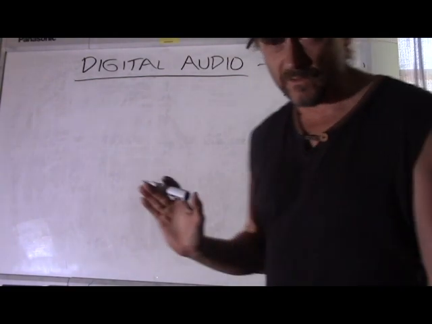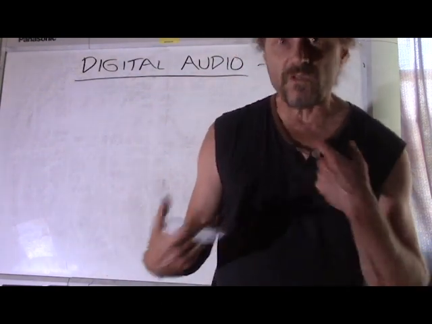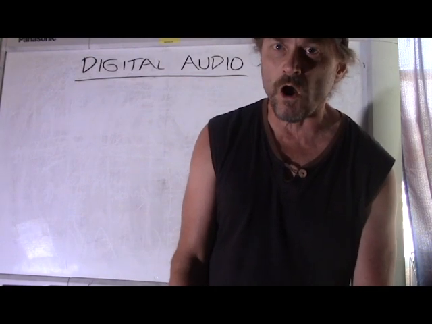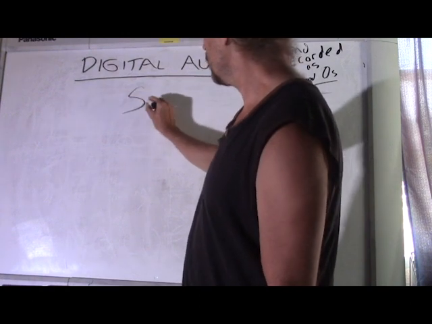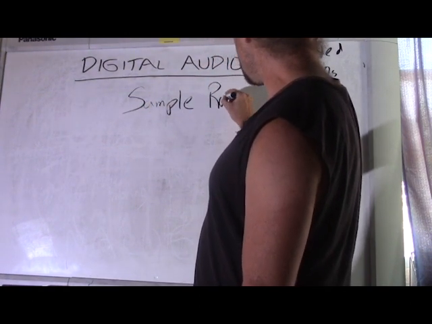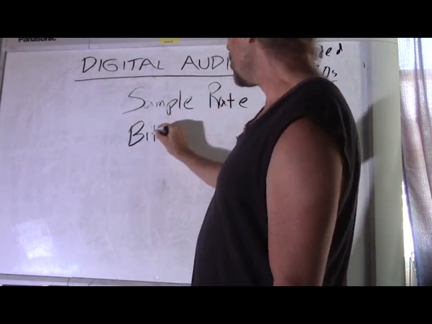Okay, so now this is the hardest stuff to explain, or at least it was the hardest stuff for me to learn. I was always super intimidated when I heard people talk about sample rate, that's scary sounding, and bit depth.